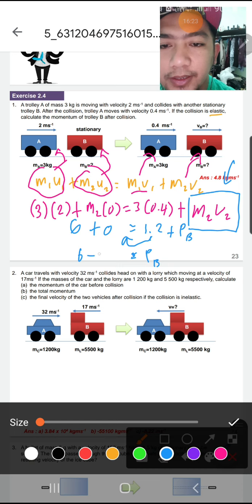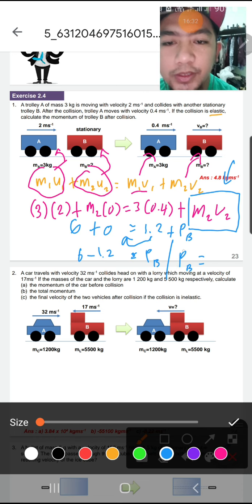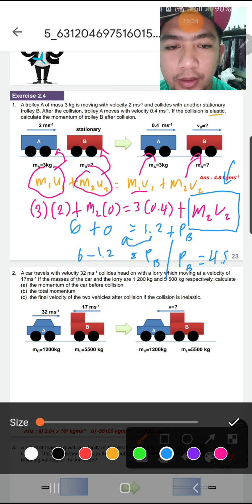So 6 minus 1.2. PB is equal to 6 minus 1.2, which is 4.8.